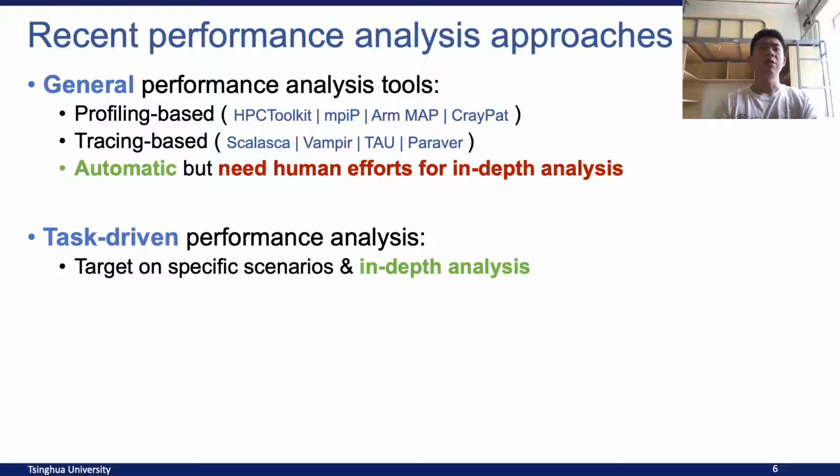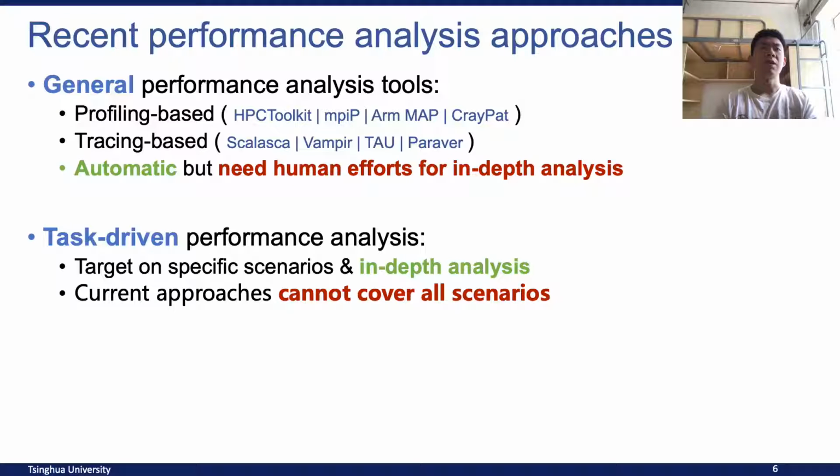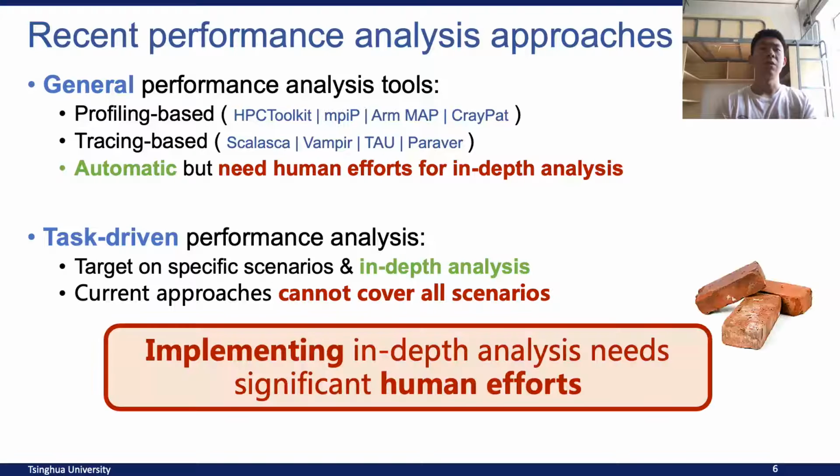Second, task-driven performance analysis approaches. These approaches target specific scenarios and provide in-depth analysis. However, current approaches cannot cover all scenarios. For new scenarios, developers still need to manually implement analysis tasks, which incurs significant human efforts.